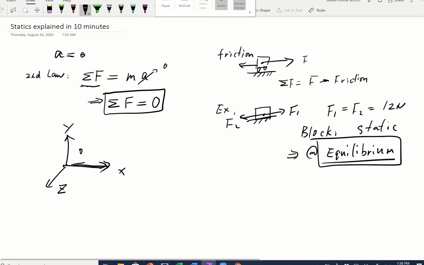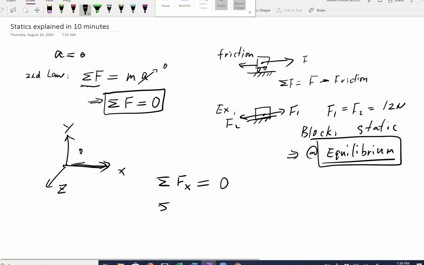However, if we say this object is at equilibrium, we can say the forces in the x direction, added together, have to be what? Equal to 0. So in other words, if you decompose each one of those multiple forces into x, y, z directions, and you add all those decomposed components in the x direction together, considering their magnitude and their direction, left and right for x, they're going to sum up to 0.